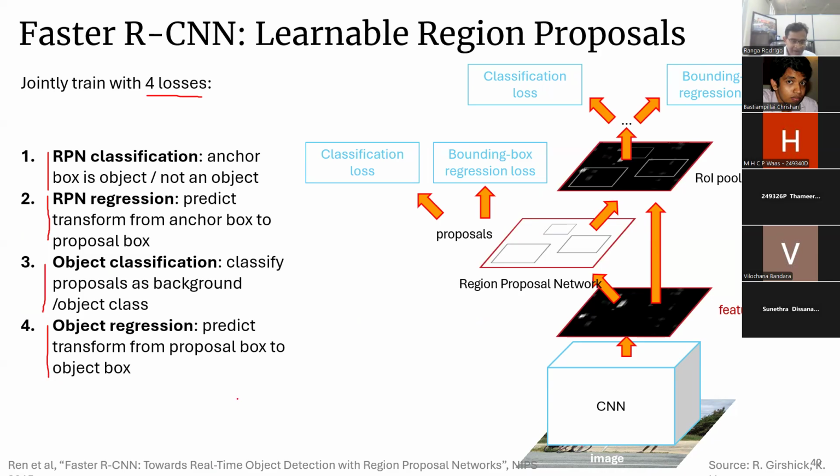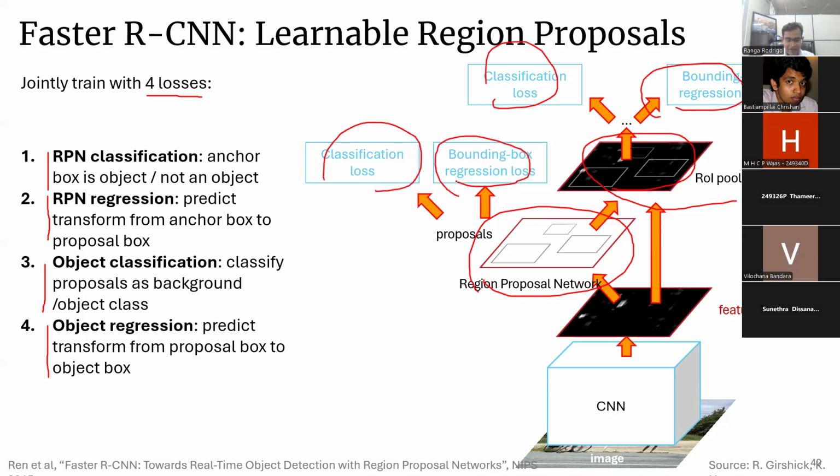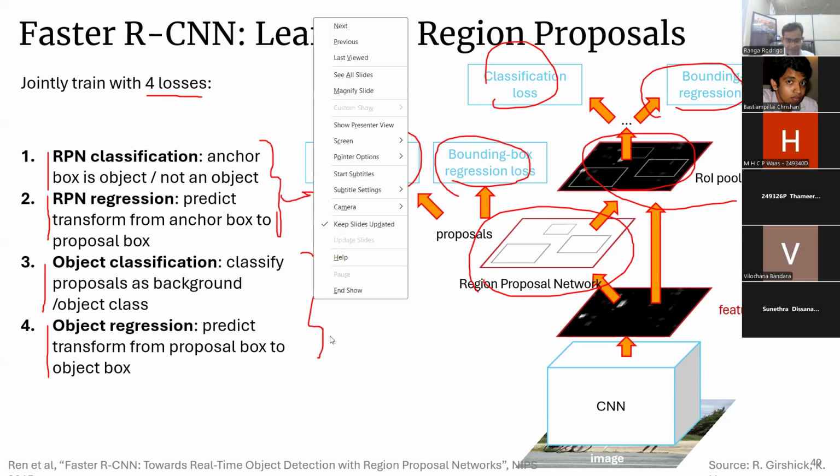Object regression: predict transform from proposal box to object box. So you can see these four losses are there because we have the region proposal network as well as a final detection layer: classification loss, bounding box regression loss, classification loss, and the bounding box regression loss. So these are for this one, right? These are for this.